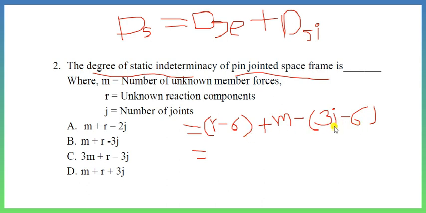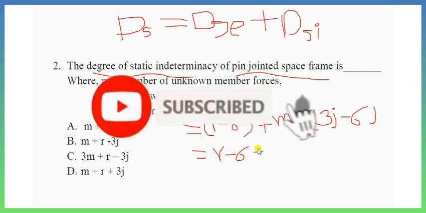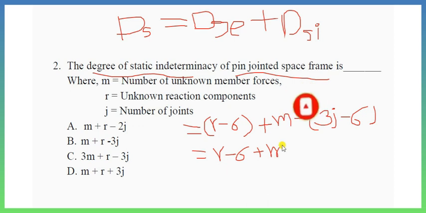So we have to simplify this one. So R minus 6 plus M minus 3J, this minus becomes plus 6.